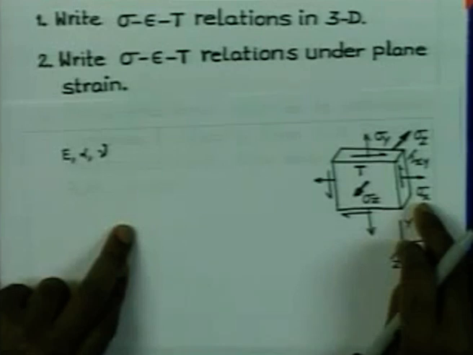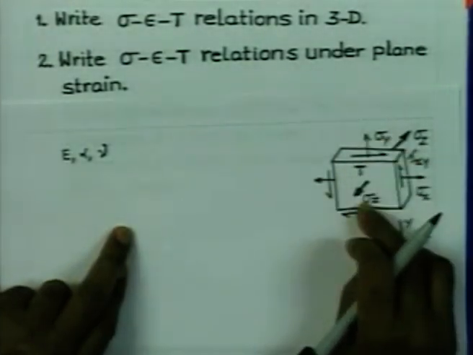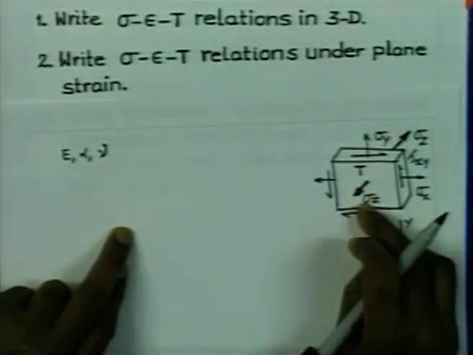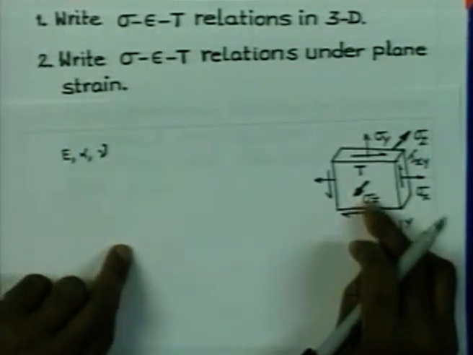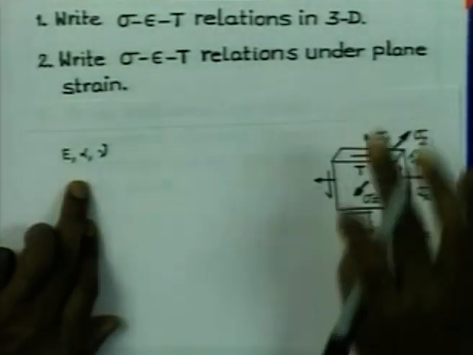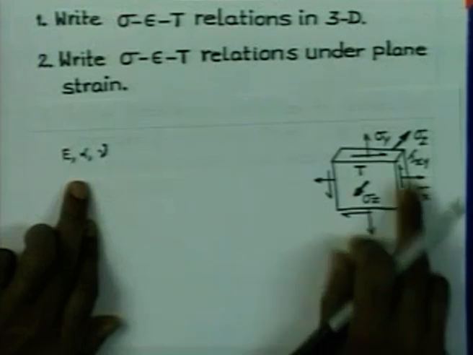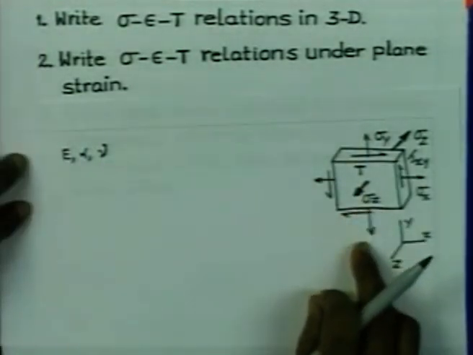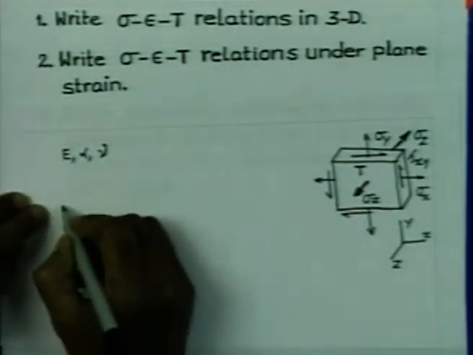The mechanical part is due to normal stresses sigma x, sigma y and sigma z, and the thermal strain is simply alpha into T. Similarly, in the y direction you get strains due to all 3 components, and in the z direction you get a similar picture.